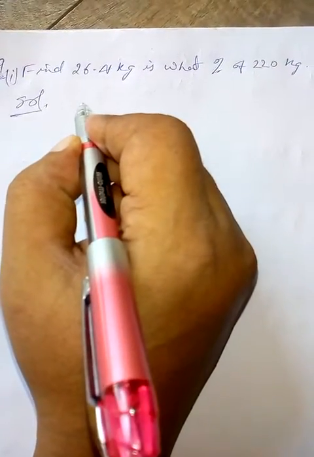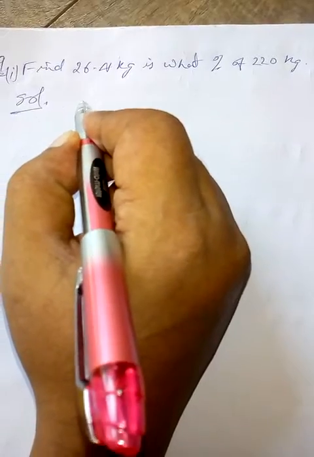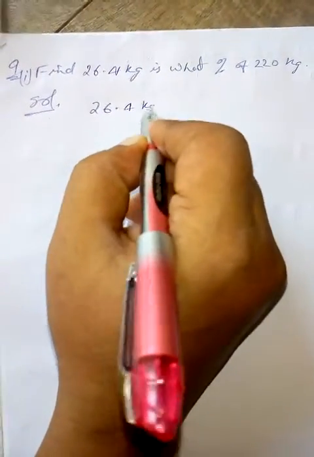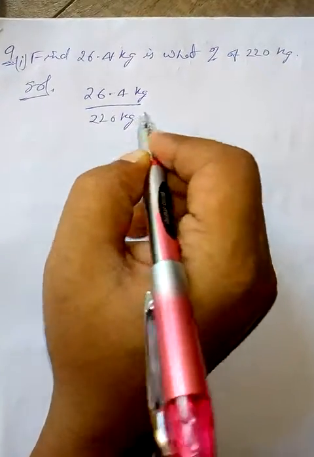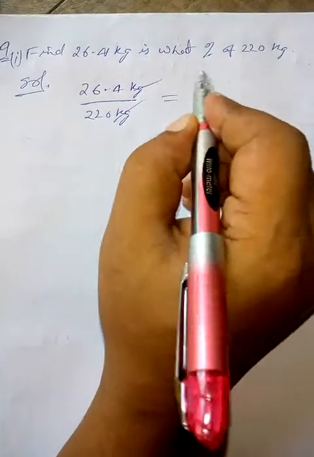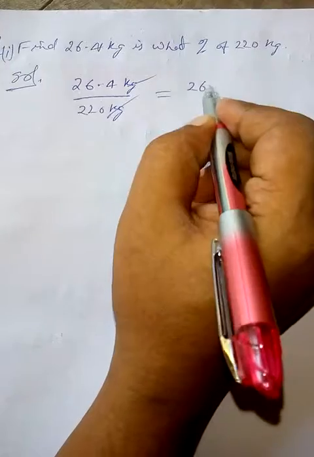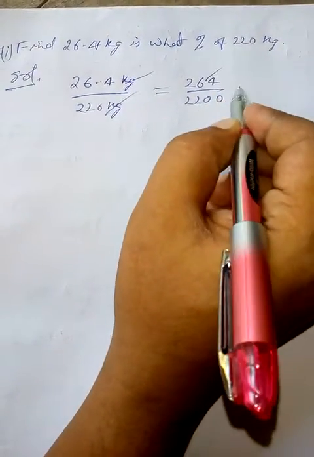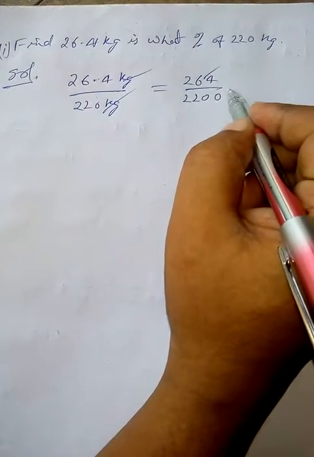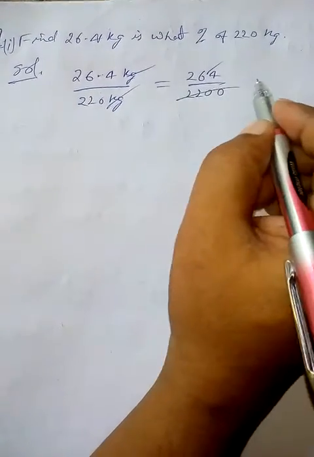First we will write it as a fraction, then we will change it into percent. So 26.4 kg upon 220 kg. It will give you 264 by 2200 after removing the decimal. Now you can divide it further by 11.